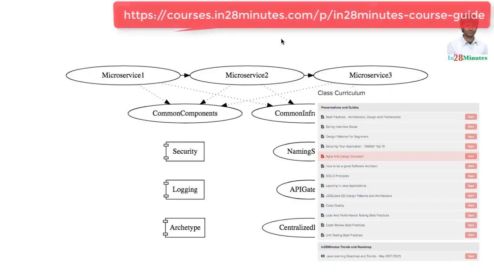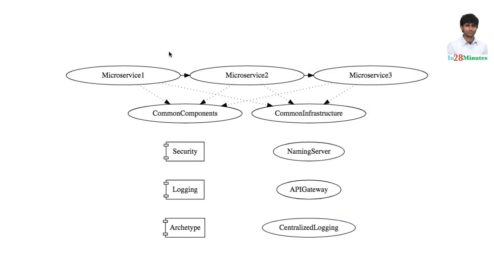Let's look at an example of microservices architecture. In microservices architecture, typically we have common components for security, logging, and so on. Why do we want common components? Because we want these common components to take care of specific functionality. Let's say you want to handle authorization and authentication.